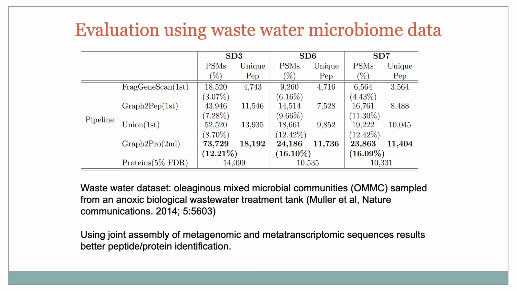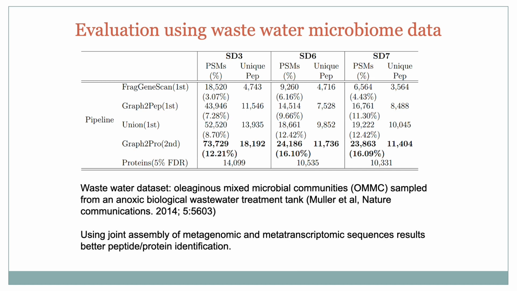So we tested our approaches on this wastewater metaproteomics data set. The reason we used that data set was that the identification ratio was very low for this wastewater metaproteomics data. If you just use contigs from the assemblers, predict genes and the peptides from those genes, you can identify less than 10% of the spectra.